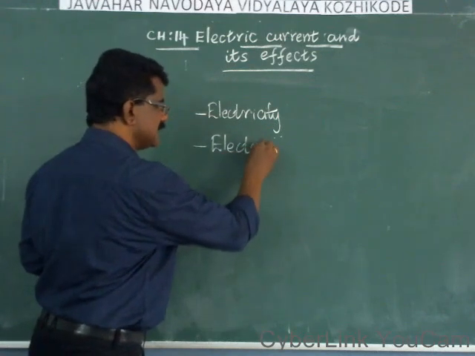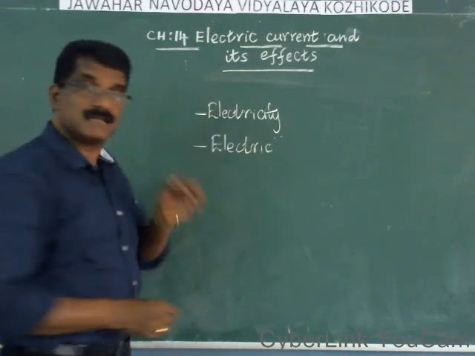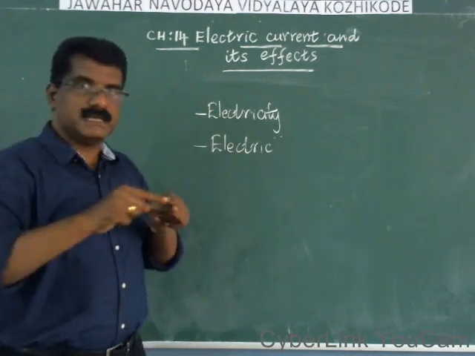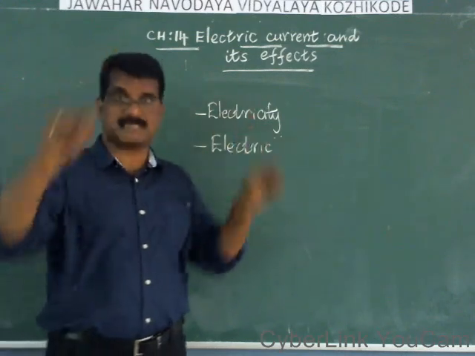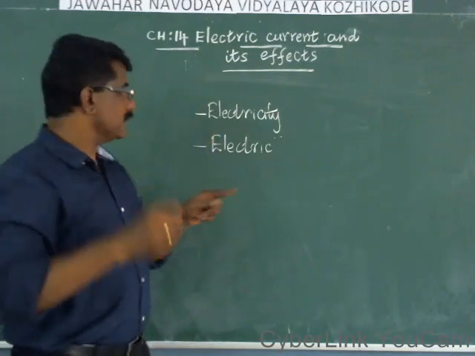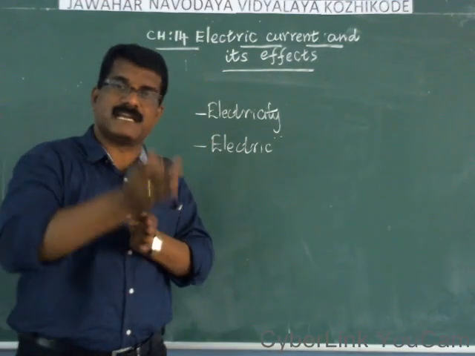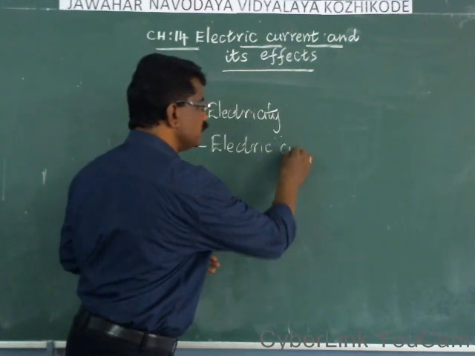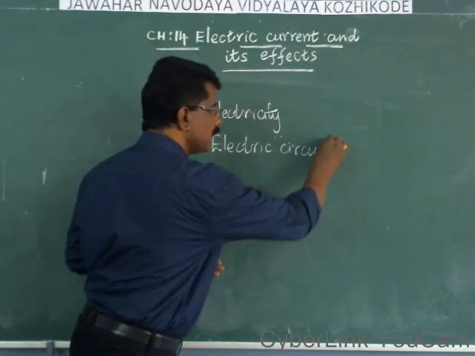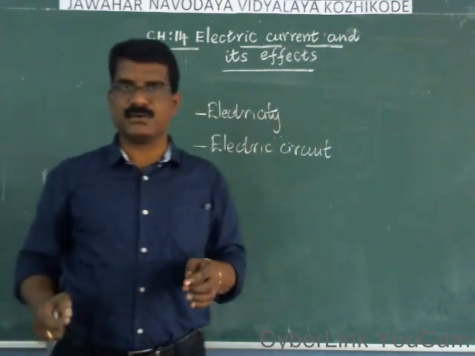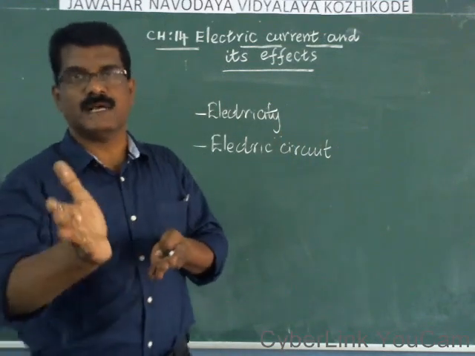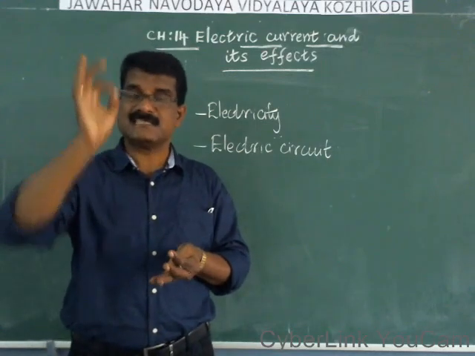The path of the electricity, or the way through which the electricity flows, can be represented even by a diagram. So the path of the electric current is known as an electric circuit. The path, the way through which the electric current flows, is known as the electric circuit.